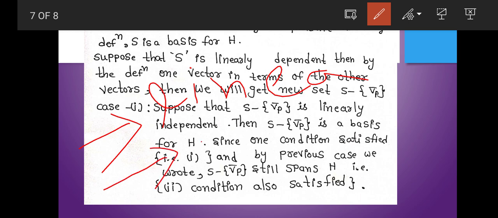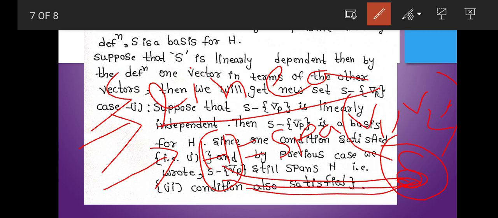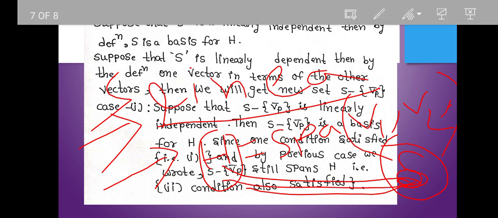Then second case, we wrote H is equal to the span of v1, v2 up to vp, so it is the set S. H is equal to the span of S, and S is linearly independent, so S is a basis for H. Okay, in case S is linearly independent and H is equal to the span of S, using S we get H, then S is a basis for H. So let's see.